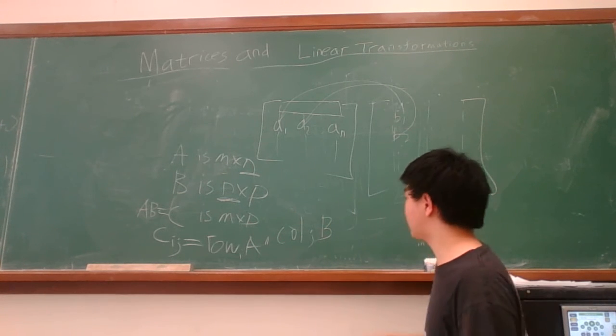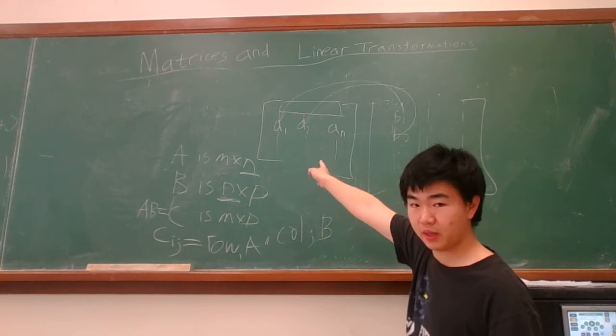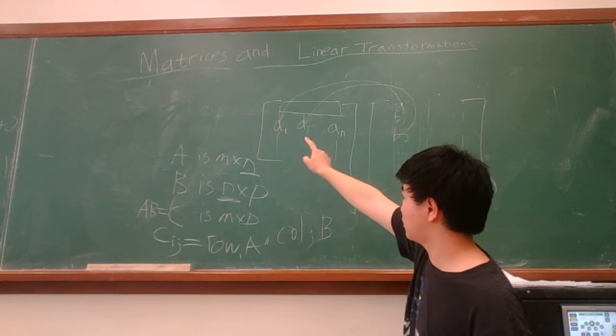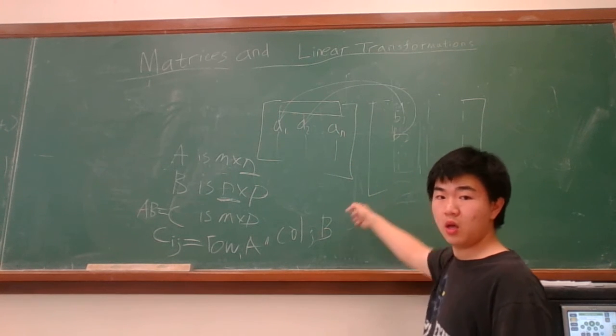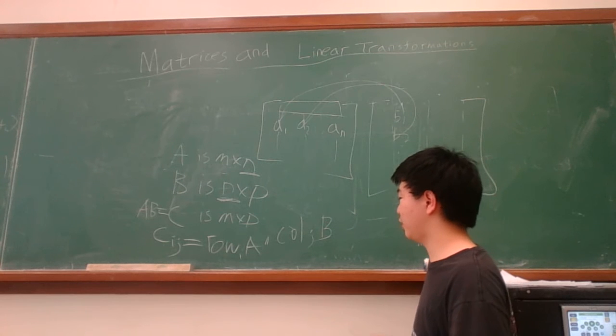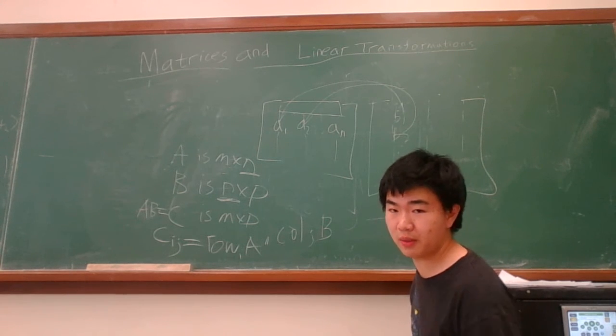And it is exactly what I said. The first element of the resultant is the first row dot product the column of this. So you can generalize that and prove it if you're interested in math.